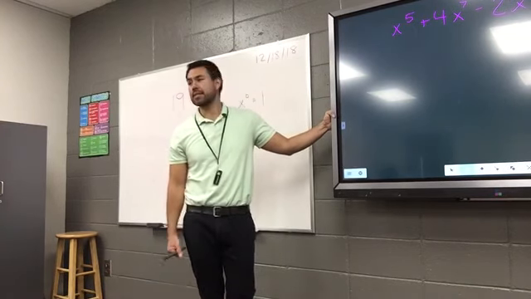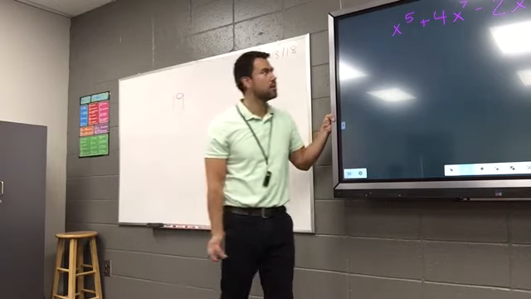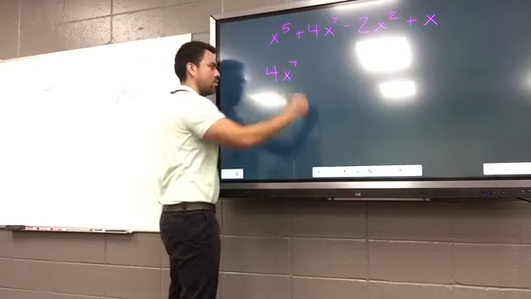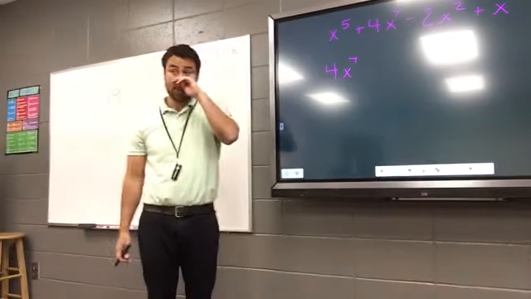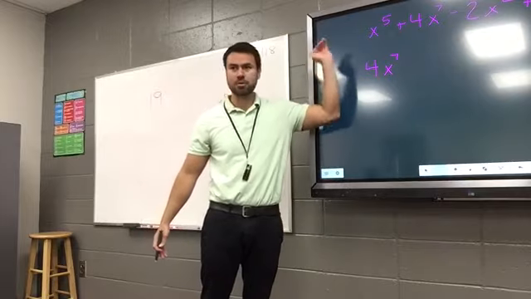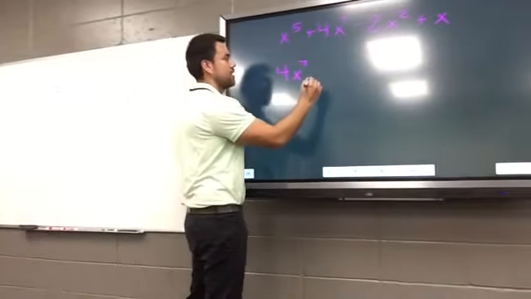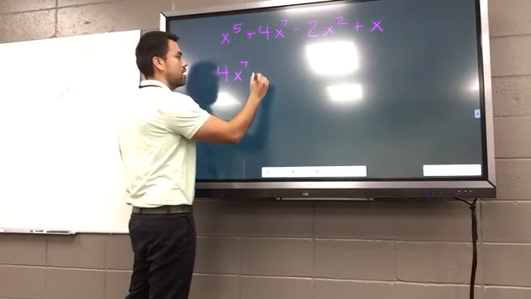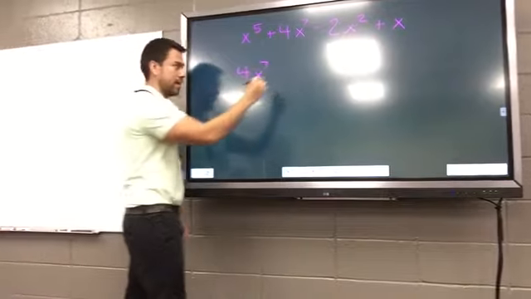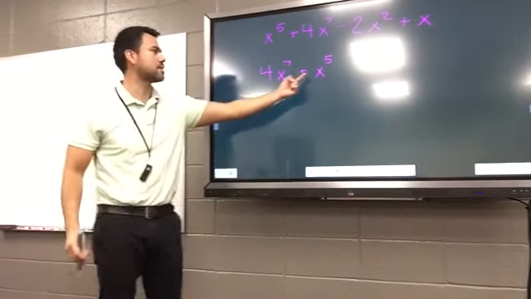If I'm writing it in standard form, which term should come first, Josiah? 4x to the 7th. Why does that come first? Because it has the highest degree. So 7 comes first. Matthew, what comes next? Do I just write x to the 5th, or do I write plus x? How do you know it's plus?